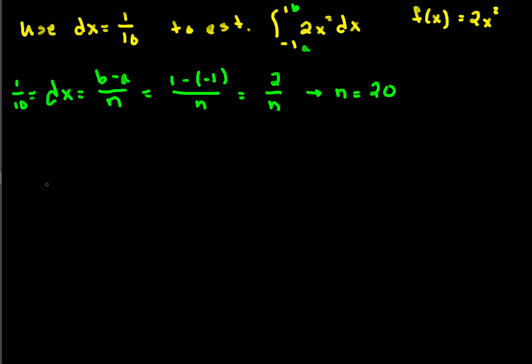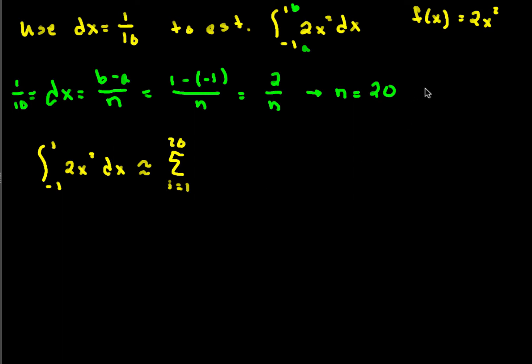And so then our integral from -1 to 1 of 2x squared dx is approximately the sum i equals 1 to 20. Okay, so I need to know what my inputs are. I forgot to calculate that.